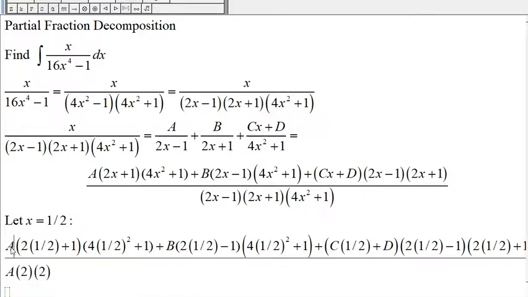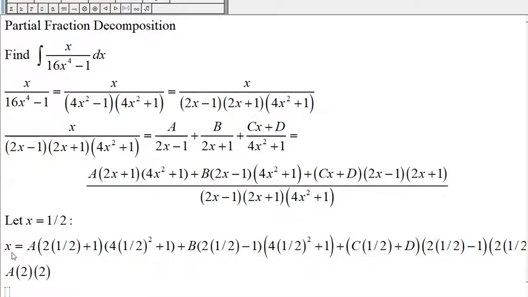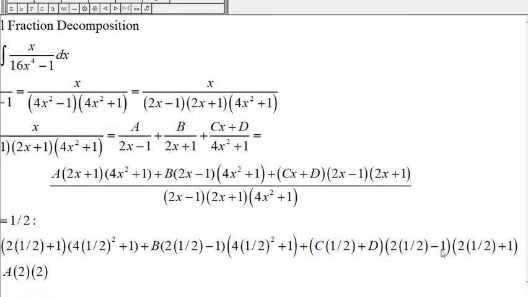And then we also need to put in the right side. So we compare this fraction with this fraction. x has to equal the top, so we need to put x over here. But since we let x be 1/2, then we get 1/2 on the left side. 2 times 1/2 is 1, 1 minus 1 is 0, so this part would be 0. 2 times 1/2 is 1, 1 minus 1 is 0, so this would be 0.